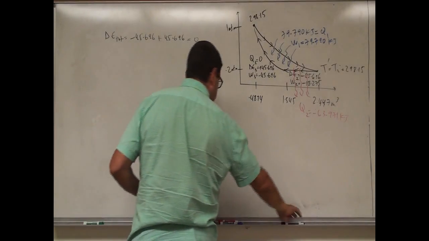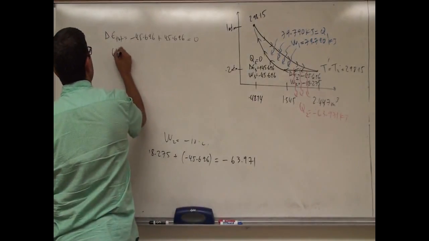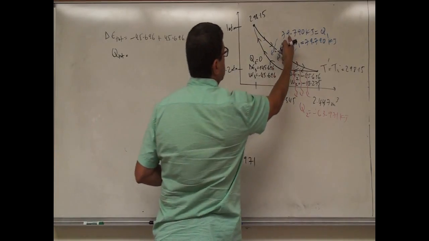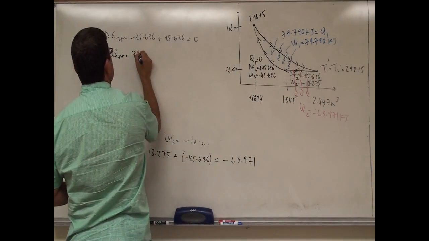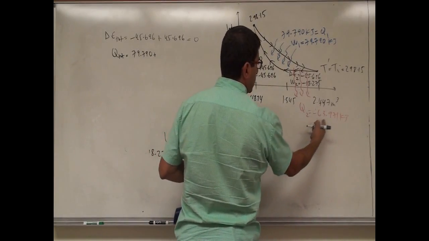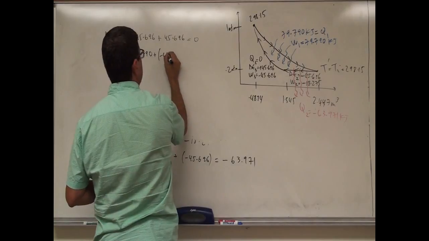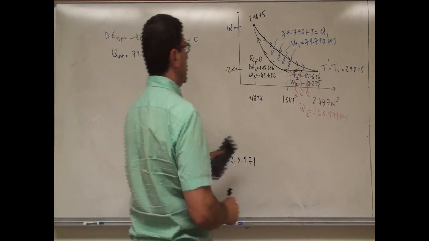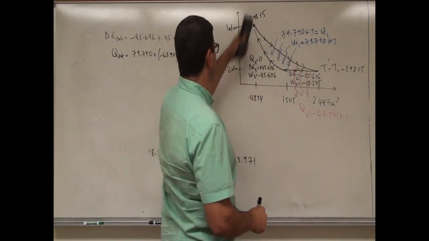So then you're going to have here Q total. Q1 was equal to 79.790 plus Q2, which was equal to negative 63.971, right? And then Q3 was 0.